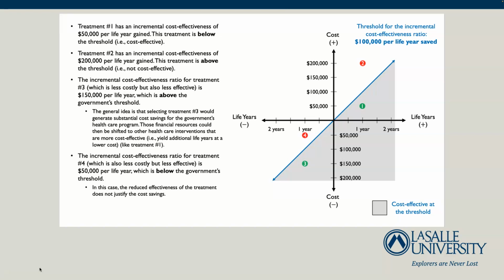Treatment number four has an incremental cost effectiveness ratio of $50,000 per life year, which is below the government's threshold. And in this case, the reduced effectiveness of the treatment does not justify the cost savings for that treatment.